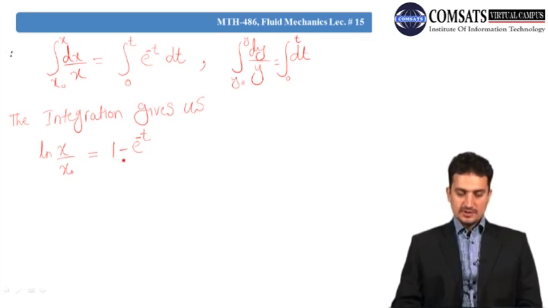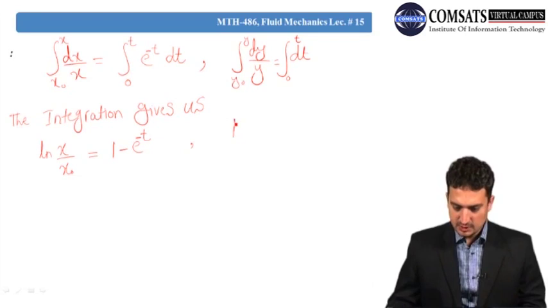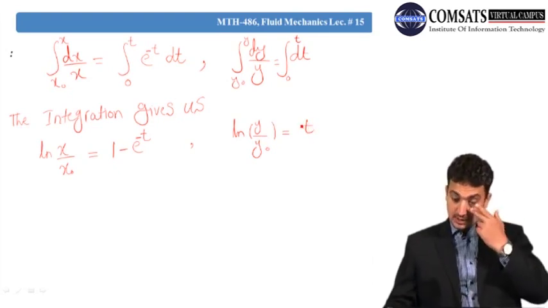This is simply the integration of the x component, and from the y component again we get the same thing, natural log of y over y naught is simply equal to t itself.